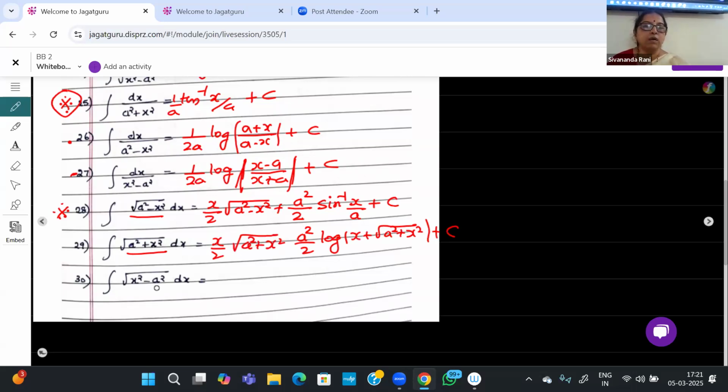This one is actually the same as the previous one, where a square gets replaced by minus a square. That is the only change we will incorporate in the result. So both are one and the same result, x by 2 root of x square minus a square.